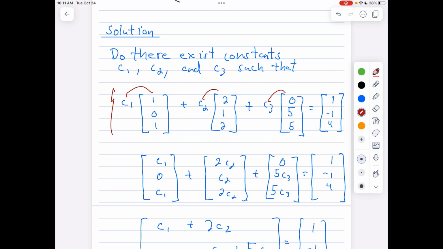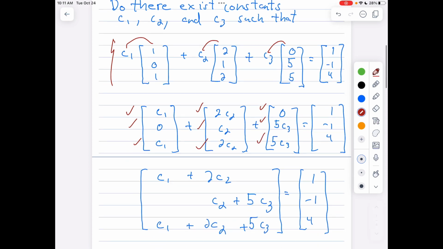You would have C1 times 1 is C1, 0 times C1 is 0, C1 times 1 is C1, C2 times 2 is 2C2, C2 times 1 is C2, C2 times 2 again is 2C2, and 0 times C3 is 0, C3 times 5 is 5C3, C3 times 5 is 5C3, okay?